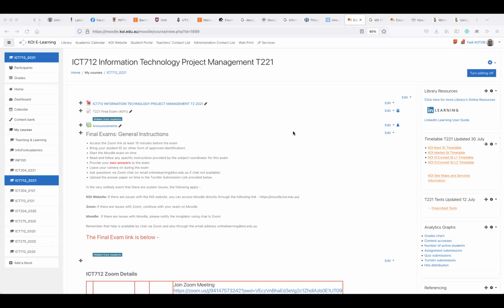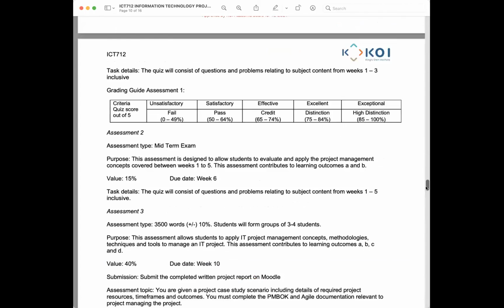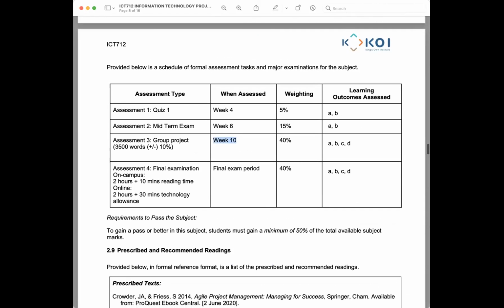Okay, so the subject assignment is due in week 10. It's actually due on a Monday. So it's due in week 10, on a Monday.